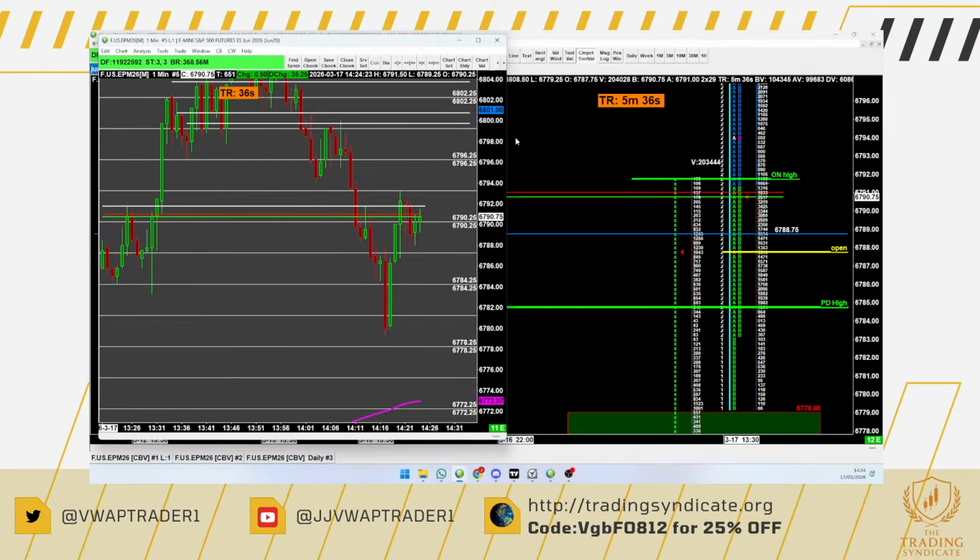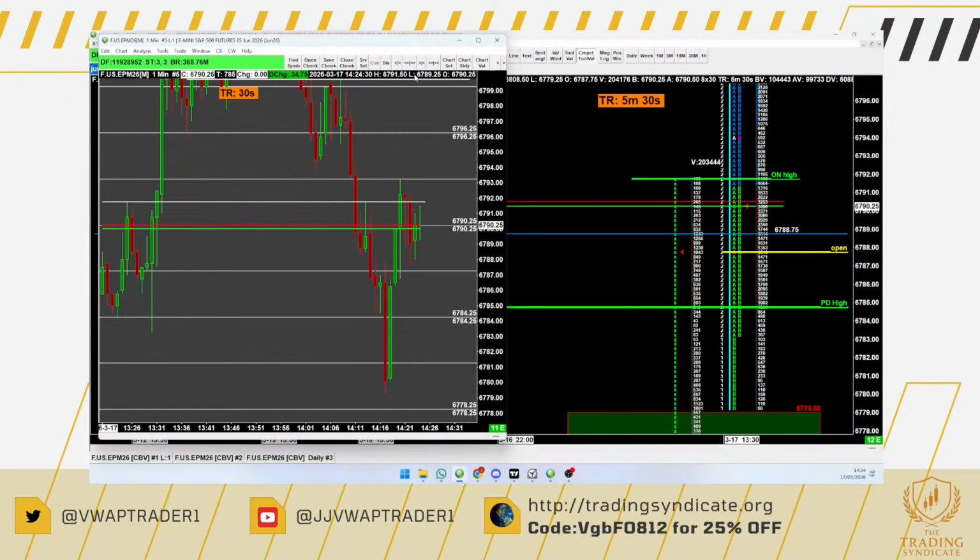Now watch out if we start accepting over that overnight high because the lows are getting higher. Let's see what happens in the next candle. That seller's still there.